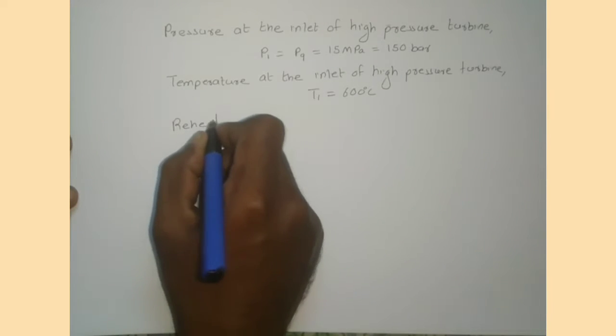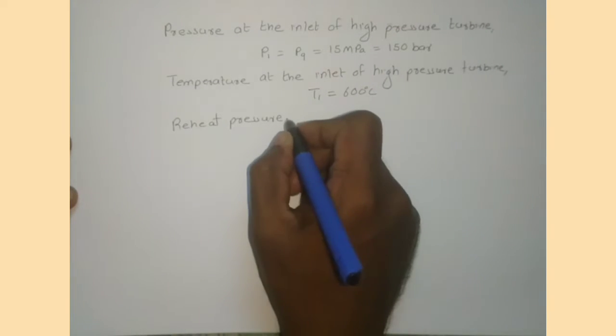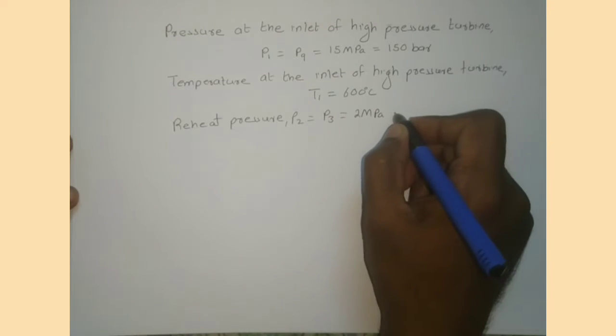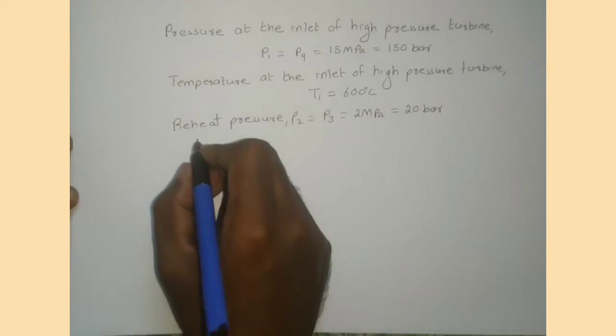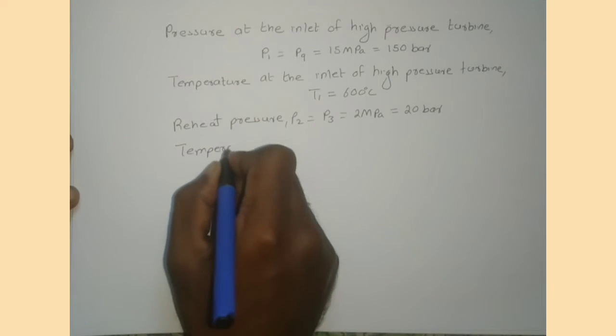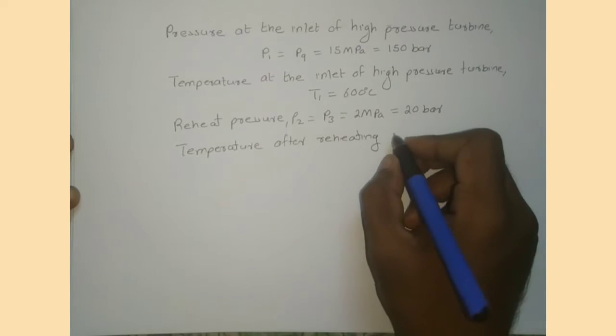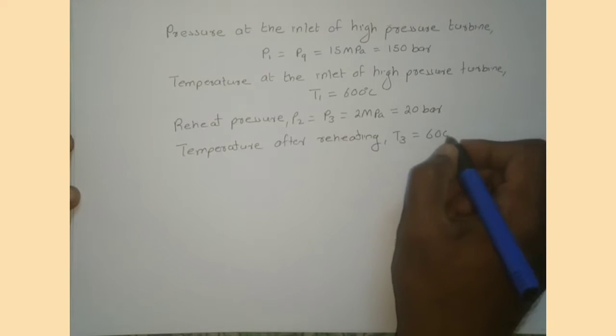Reheat pressure is given: P2 equals P3 equals 2 megapascal, that is 20 bar. Temperature after reheating is given, that is T3 equals 600 degrees Celsius.